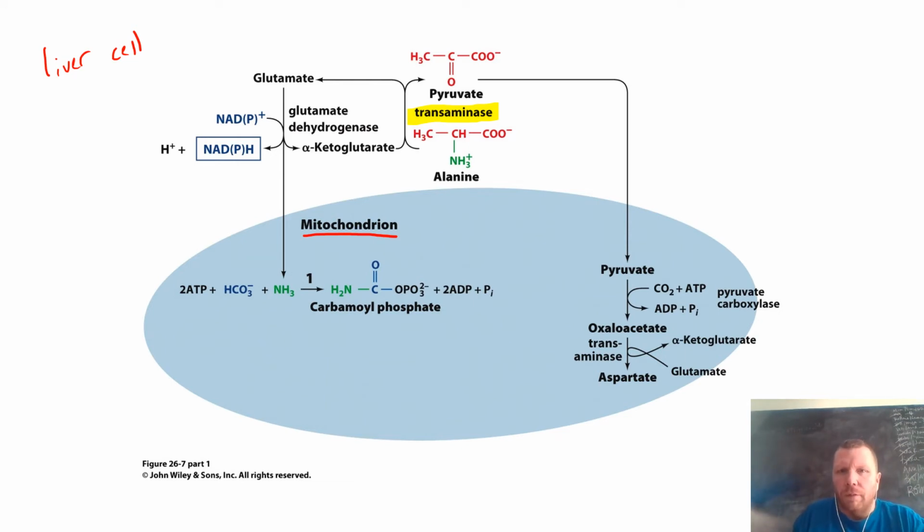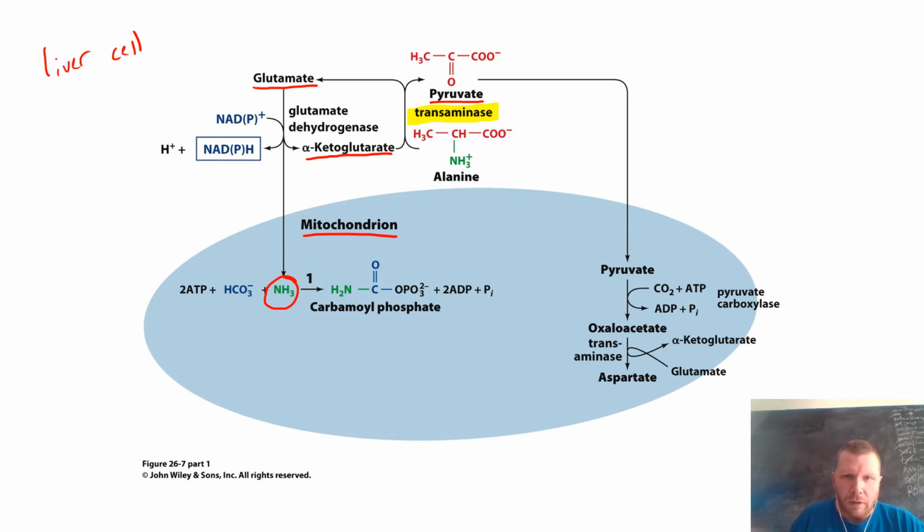From that transamination, we're generating our alpha keto acid, which is pyruvate, and we're also generating glutamate. Now, glutamate dehydrogenase is an enzyme that's going to take glutamate and regenerate alpha ketoglutarate, but it's also going to release our NH3 that we're ultimately wanting to get rid of.